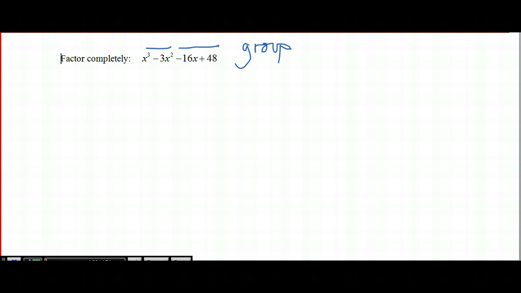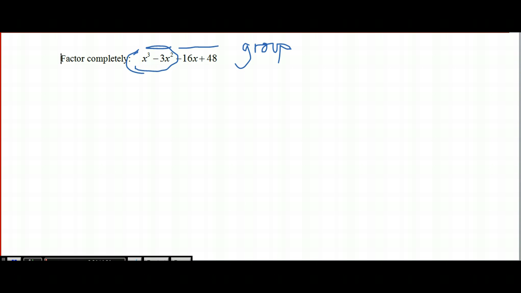I also noticed that there's a negative 3-to-1 ratio here, and a negative 3-to-1 ratio here. So these are good groups to use. Not the only groups, but they'll work for us. Let's start with the left two terms.